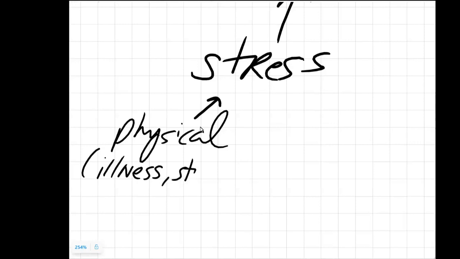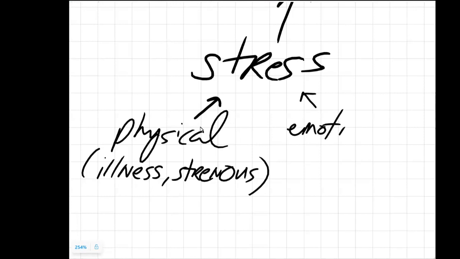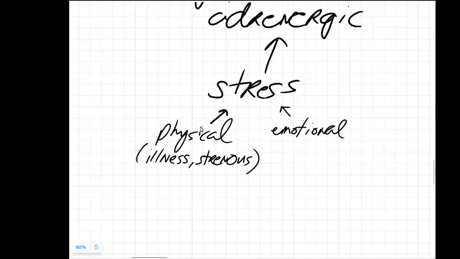That can cause physical stress. Or it could be emotional stress as well. Especially during COVID, there was a lot of emotional stress. That can affect the sympathetic or adrenergic nervous system.